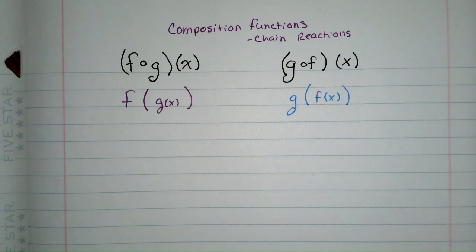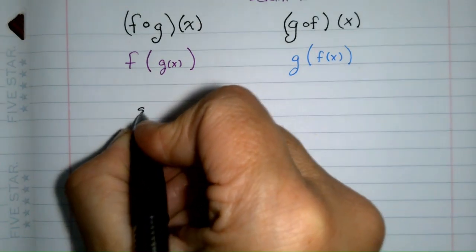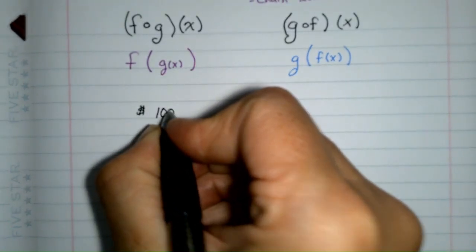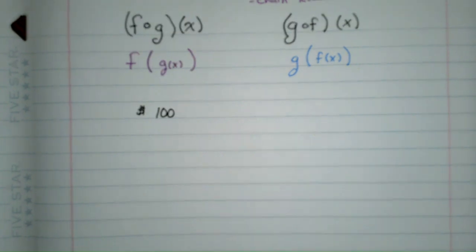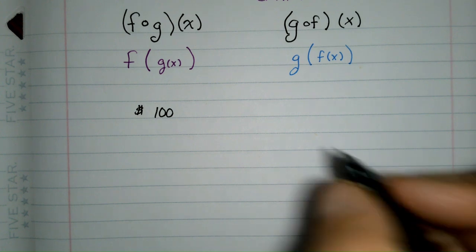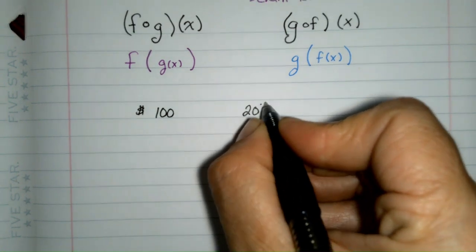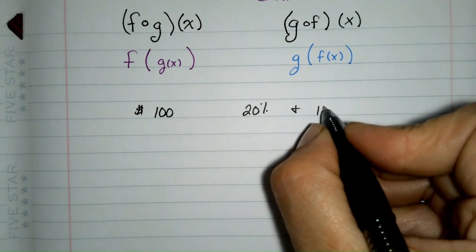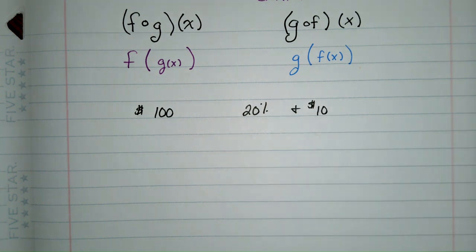Let's say you're going to buy a $100 item. Okay, you have 2 discounts that you get to apply. You have a 20% off, and you have a $10 off. Which should you do first?